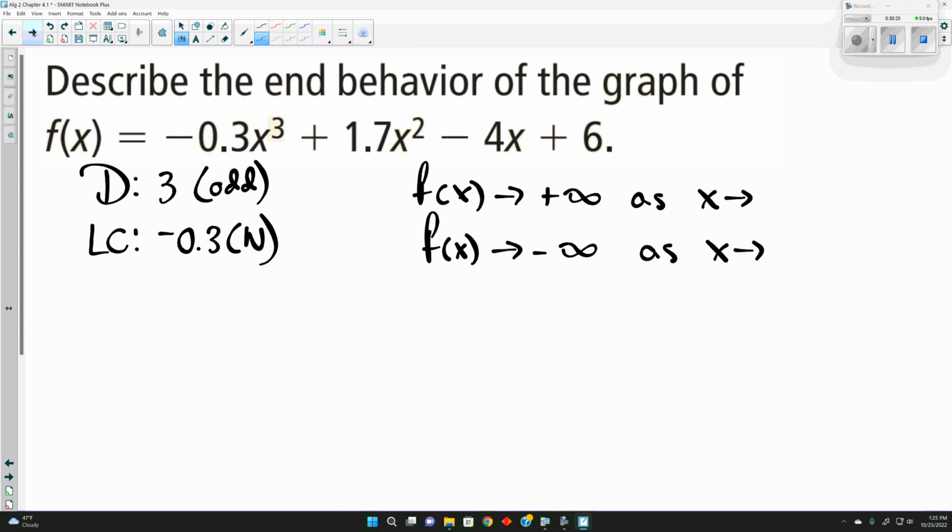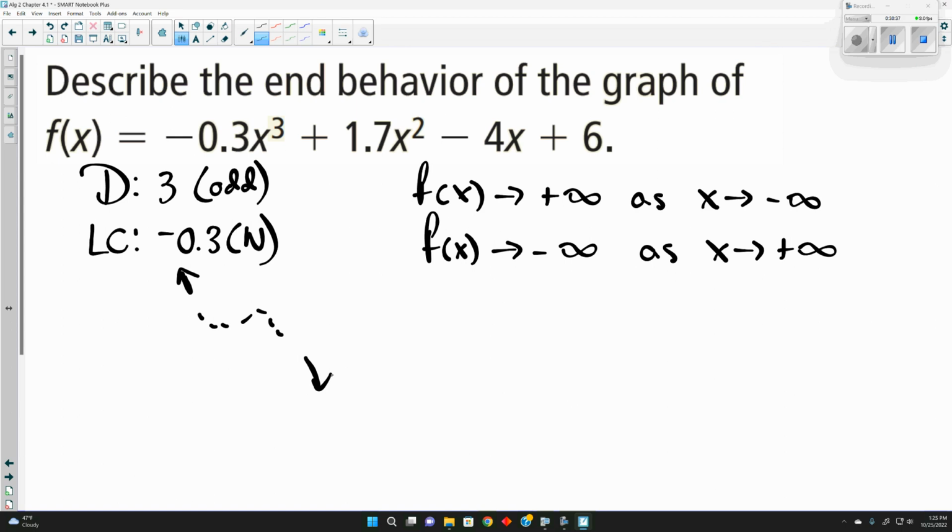So this one here is negative infinity, and this one is positive. Because eventually, we're going to have it going up, something in the middle, and then it's going to go down.